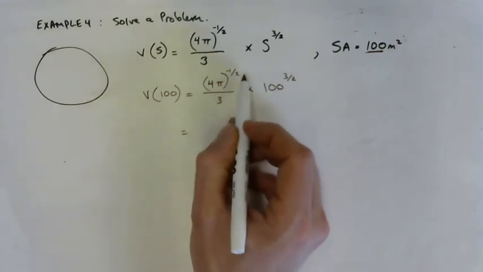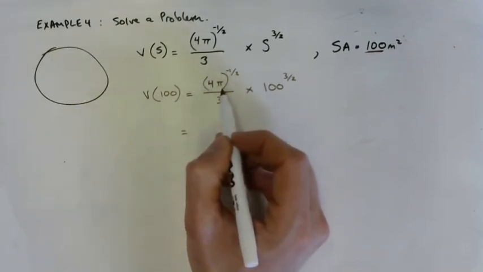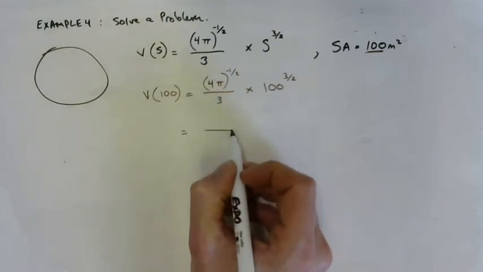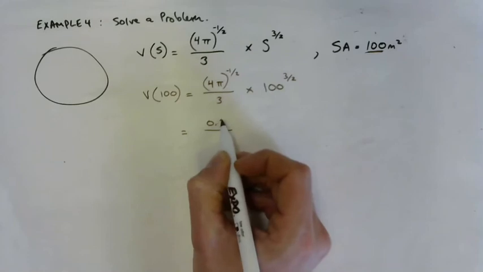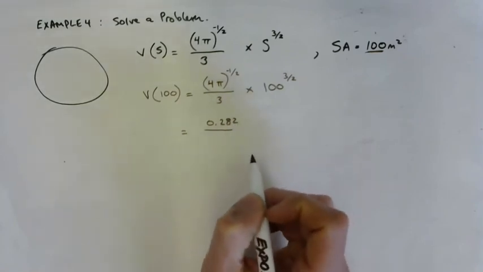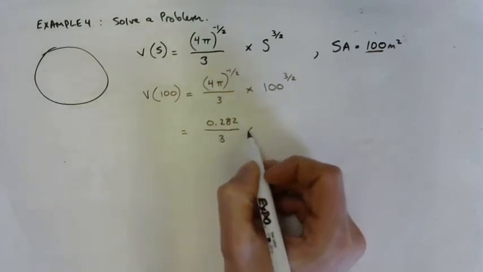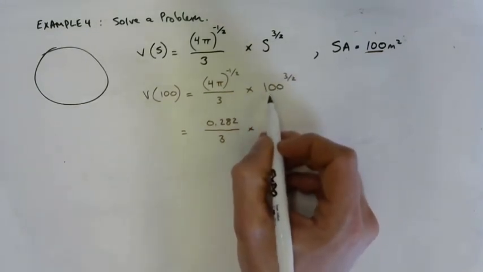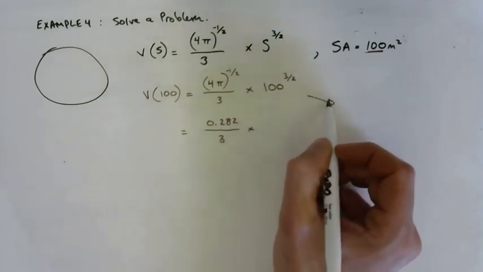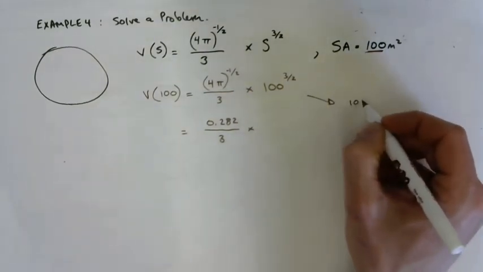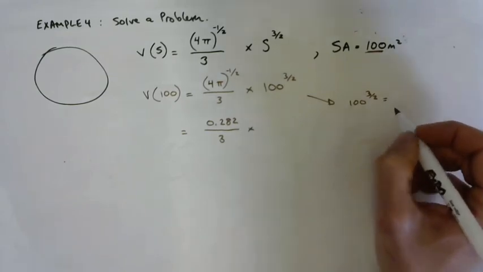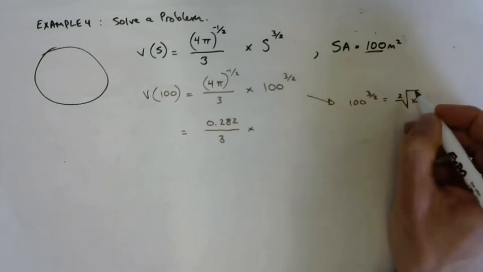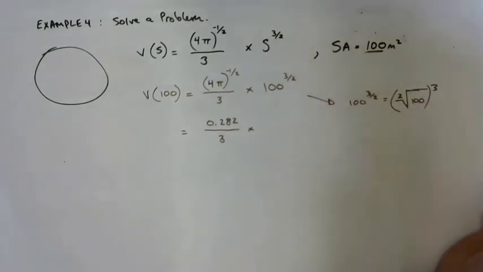This part up here, I would use a calculator to do. That ends up being, in the numerator, 0.282 if you punch it in properly, over 3. But this part, we can rewrite. 100 to the power of 3/2 is equal to the square root of 100 cubed.